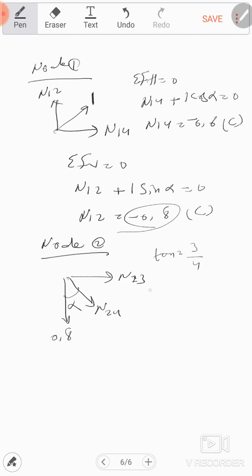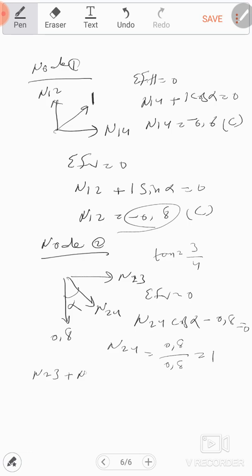So now summation FV equals 0. N24 cosine theta minus 0.8 equals 0. N24 equal 0.8 over 0.8, equal 1. And here N23 plus N24 sine theta equal 0. So N23 equal minus 0.6.